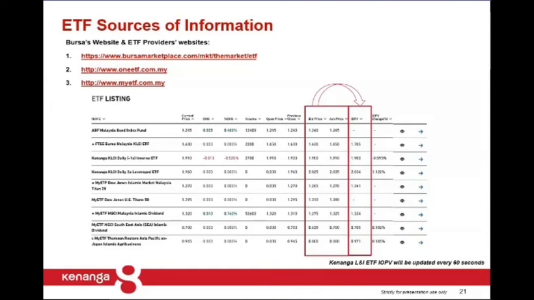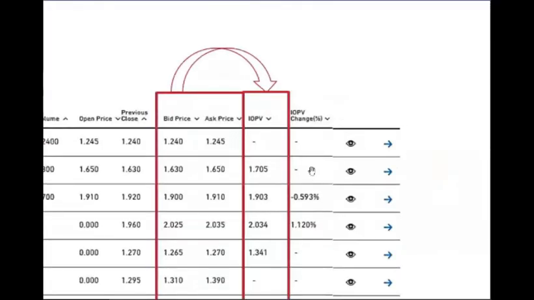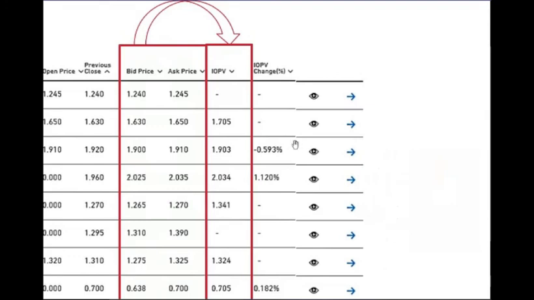So every 60 seconds, we will actually publish the theoretical value of the portfolio based on the constituents of the portfolio. And when you look at it side by side, you can look at the bid and ask prices versus the IOPV to see how closely the traded price of the ETF mirrors the actual index or portfolio itself, which is a very useful metric for investors who are considering investing in ETFs.